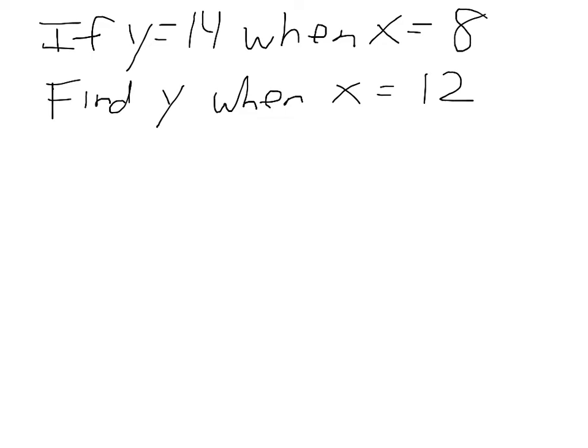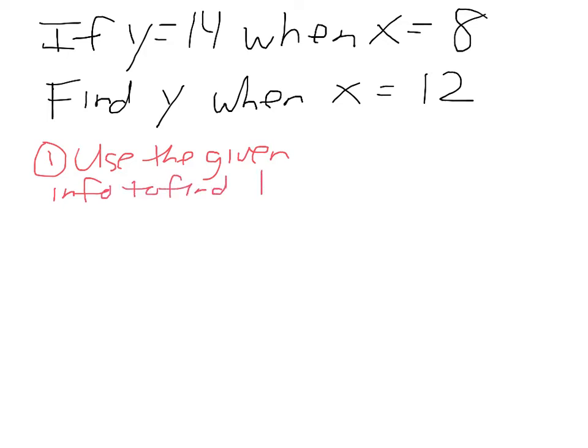Okay? So here is step 1. Step 1 is use the given information to find k. So the first thing I want to do is find the constant of proportionality. I know that y equals kx, correct?